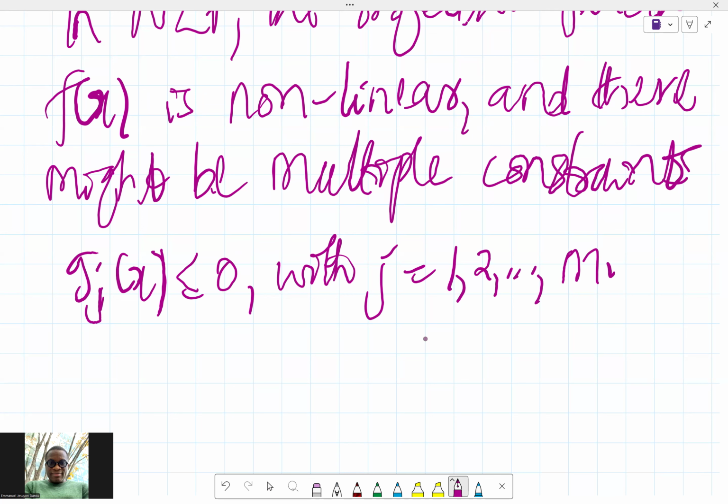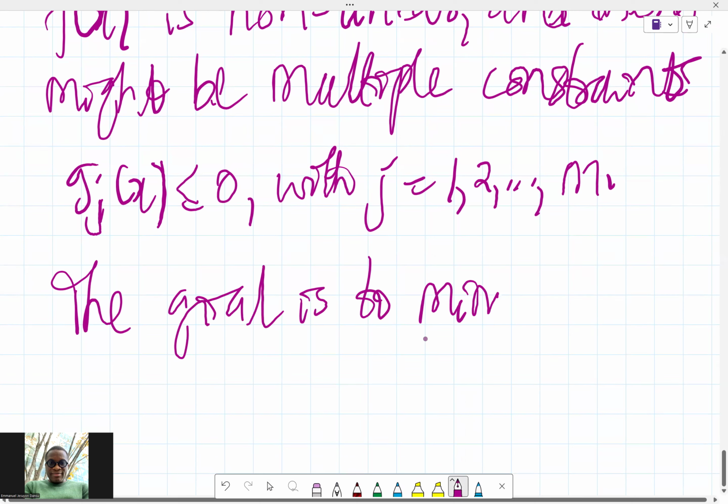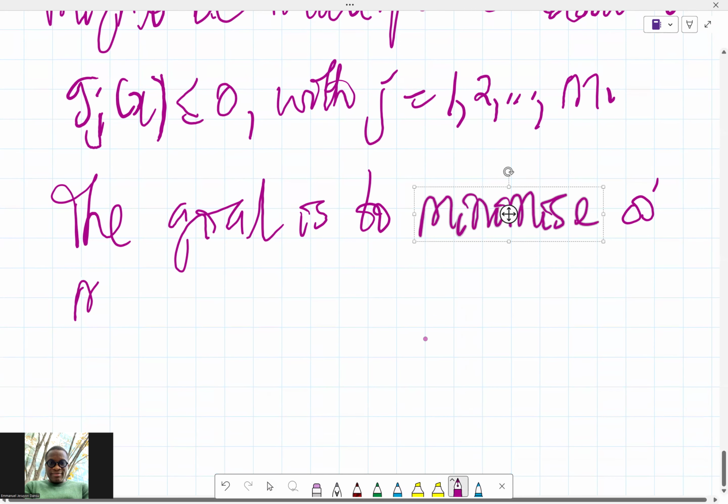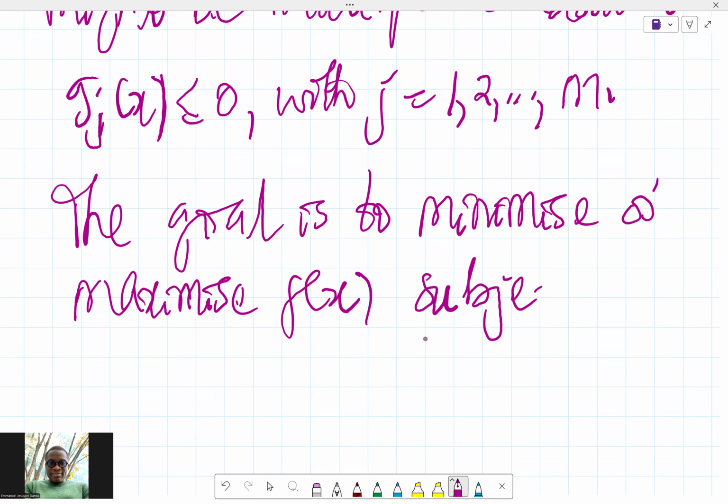Then the goal is to minimize or maximize f(x) subject to these constraints.